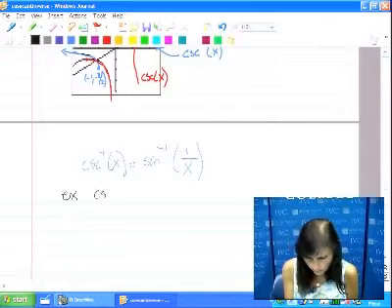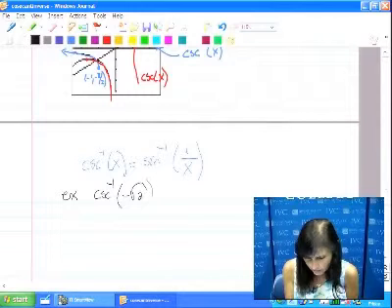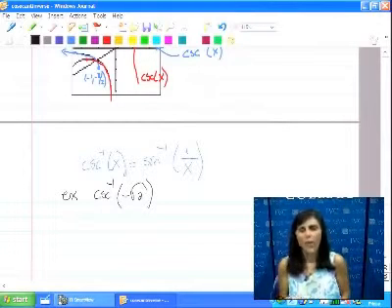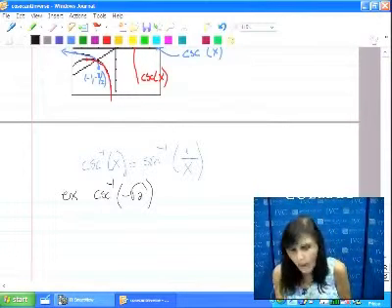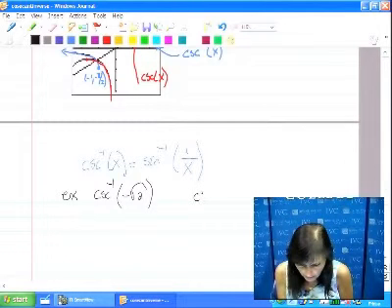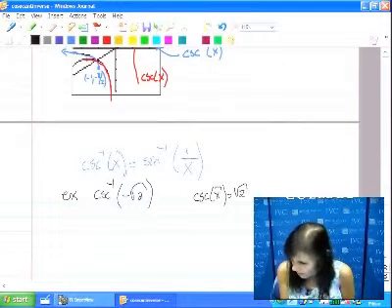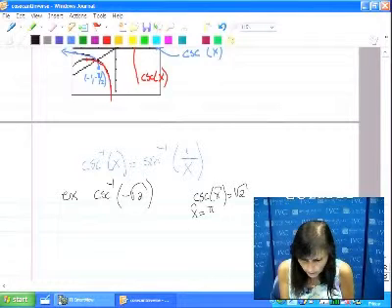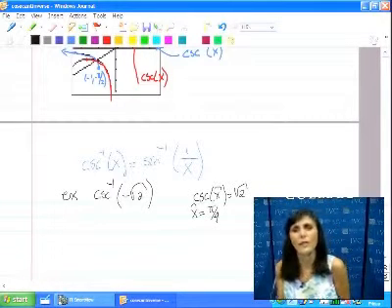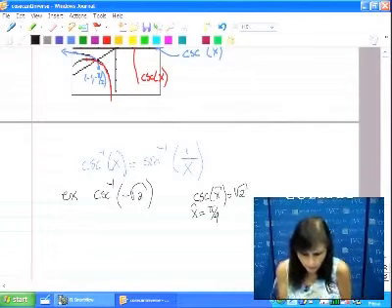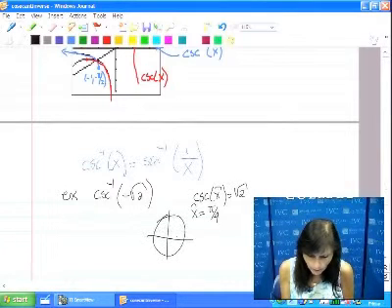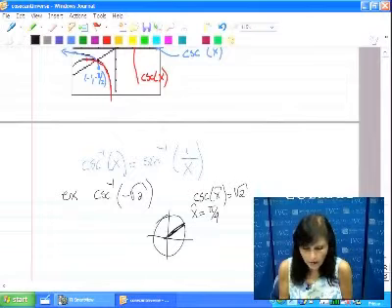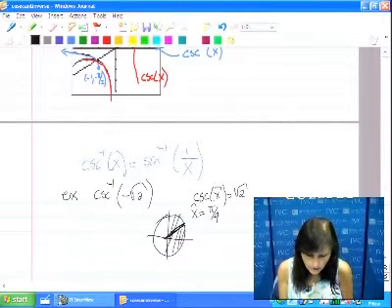What will be cosecant inverse of negative rad 2? Okay, now I have to kind of start with what cosecant gives me rad 2. Well, I remember that cosecant of pi over 4 is rad 2. Remember, that's from the table that I was supposed to remember. But remember, that one is in the positive area, and I'm supposed to stay in this region.